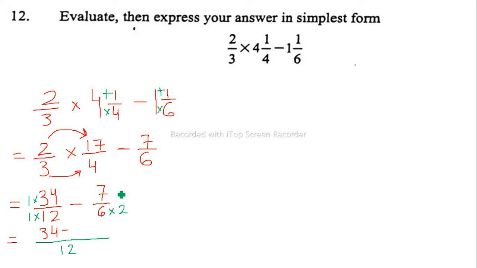Whatever we do to the bottom, we must do to the top, so we multiply 34 by 1, which is 34, minus. What times 6 gives us 12? 2, very good. What is 7 times 2? 14. So now we have 34 minus 14. What is 34 minus 14? 20, very good. So it's 20 over 12.